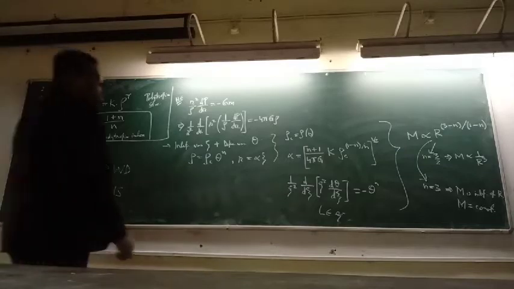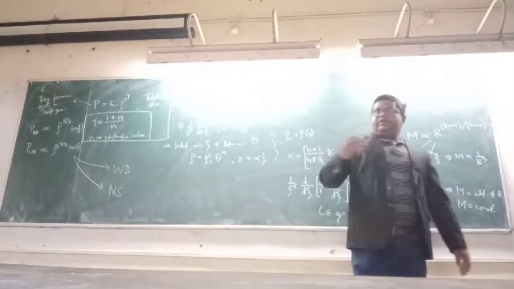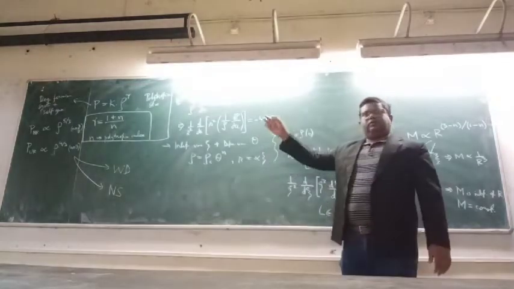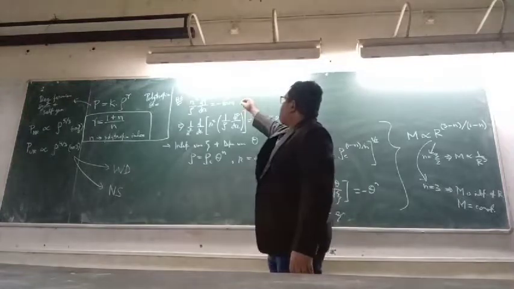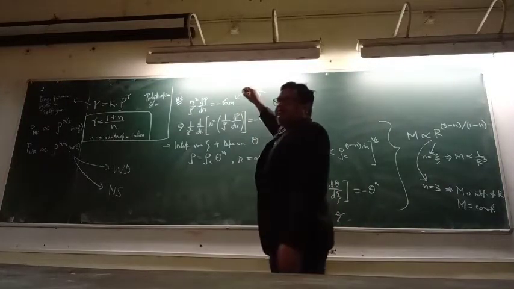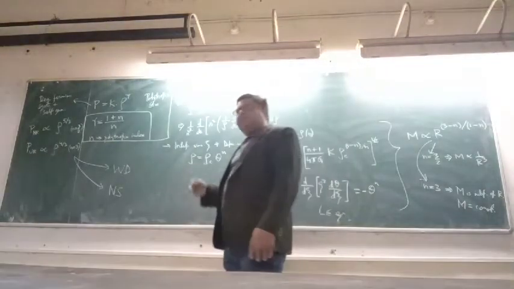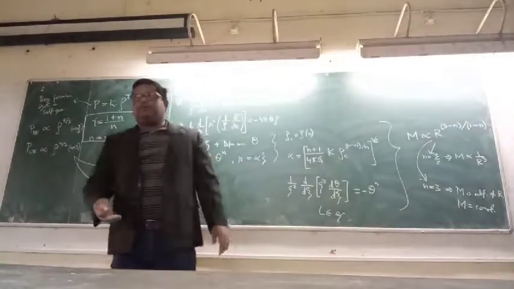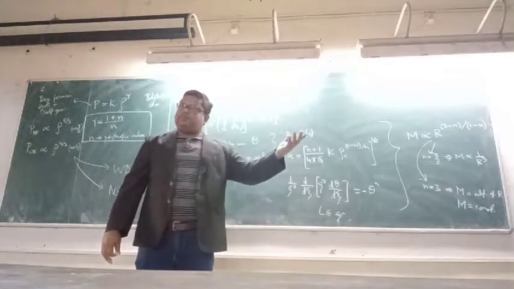Yes, one thing I forgot to mention is that here we have talked about both white dwarf and neutron star together, fine. Now you see, here we have talked about this non-relativistic hydrostatic equation. Now similarly, we can also have a relativistic hydrostatic equation, as we have talked about, that is the TOV equation, right?